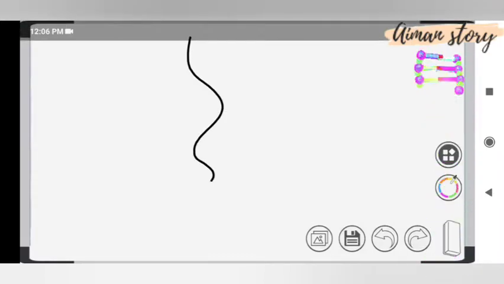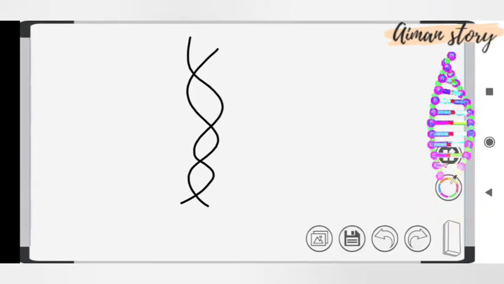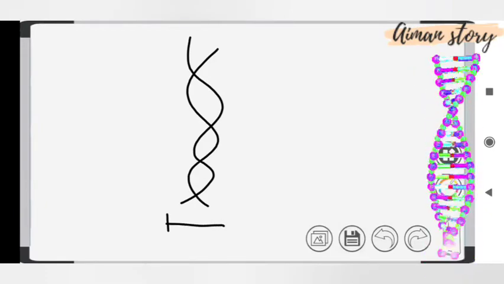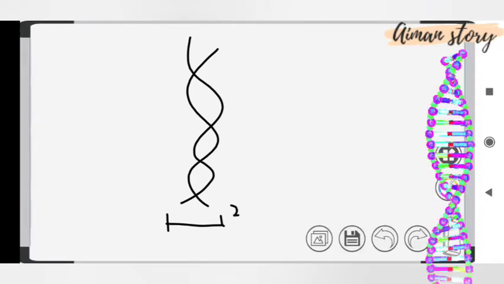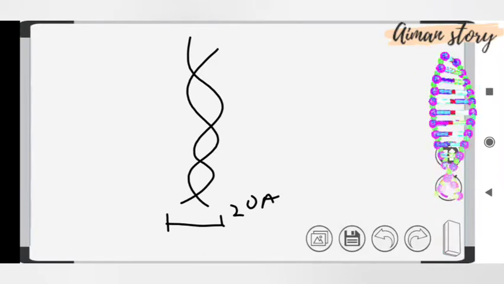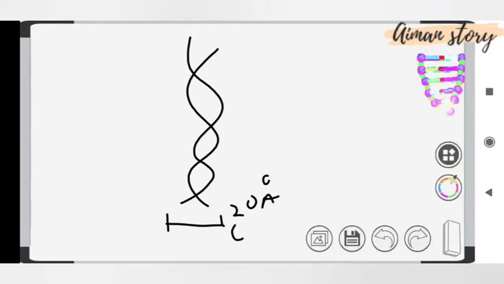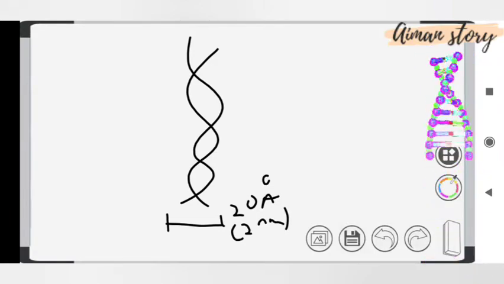Other than that, the diameter of the DNA structure is 20 Angstrom, or equal to 2 nanometer.